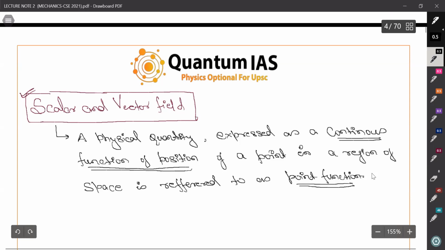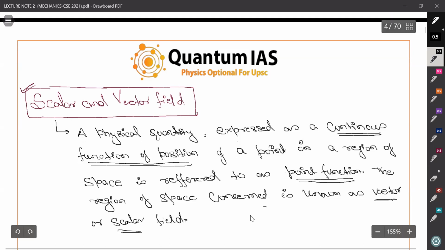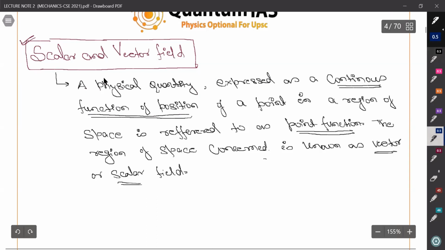The region of space that we are concerned with is known as a vector or scalar field, depending upon the nature of the physical quantity.